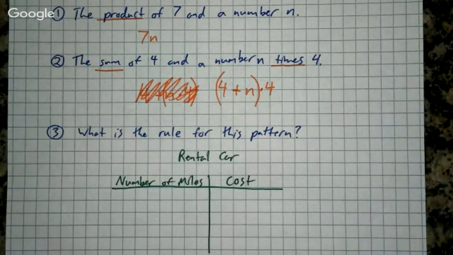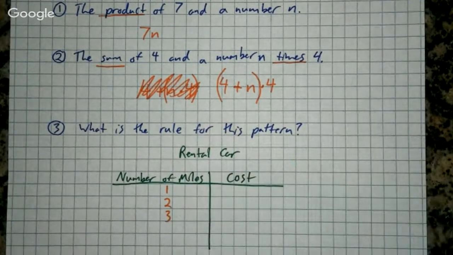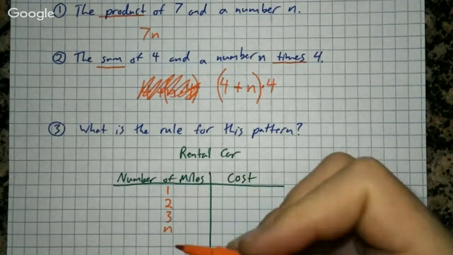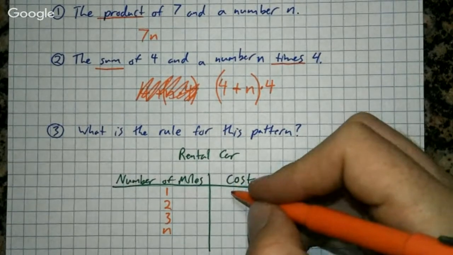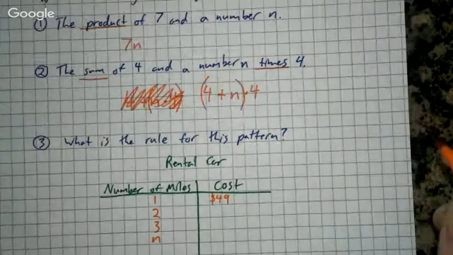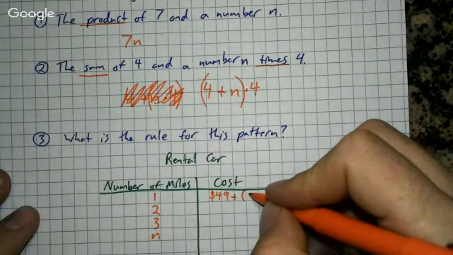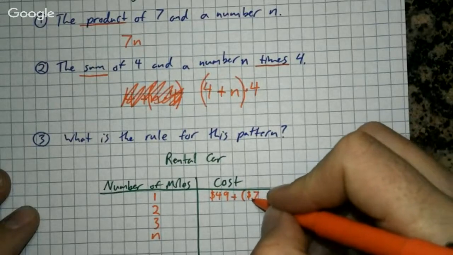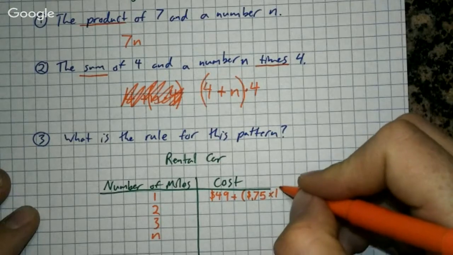Okay, so here we go. I'm going to give 1, 2, and 3. If you're renting just for 1, 2, or 3 miles, and then we're going to try and make the rule after we do this. So for only 1 mile, it's going to be $49 plus 75 cents times 1.